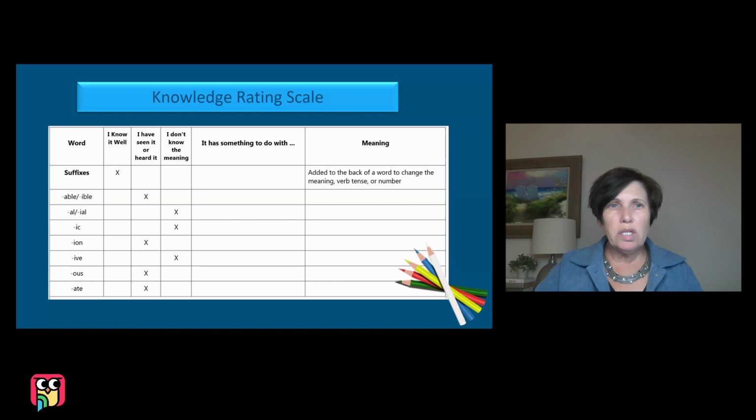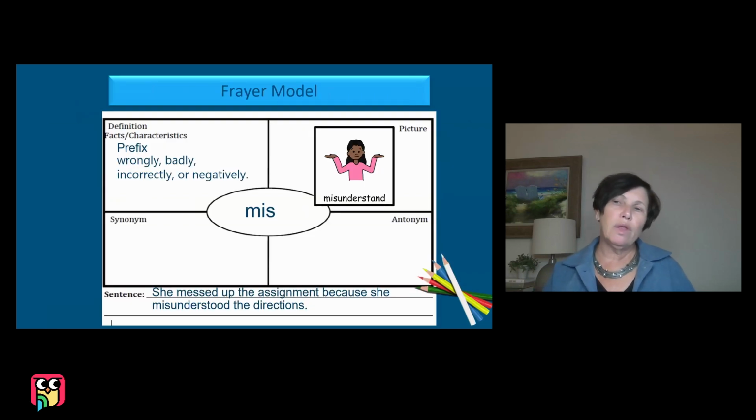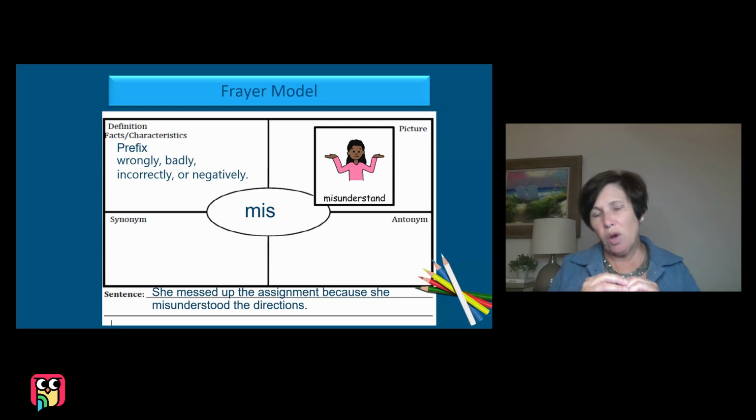So the next thing we can do is we can apply the Frayer model, which again is a way that we work on vocabulary. So instead of the vocabulary word going in the middle, what goes in the middle is the prefix or suffix, the definition, and then we're going to, for a picture, apply it to a familiar word.